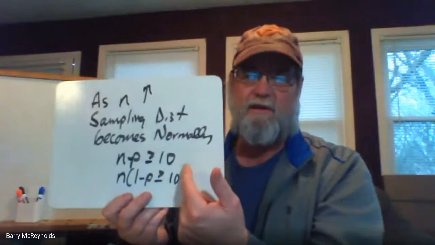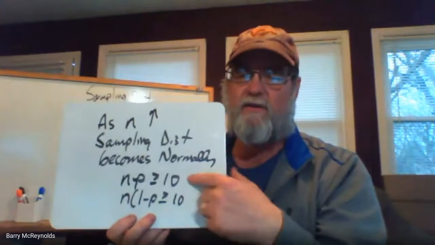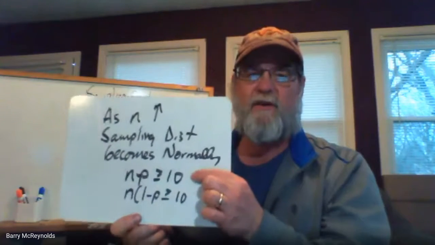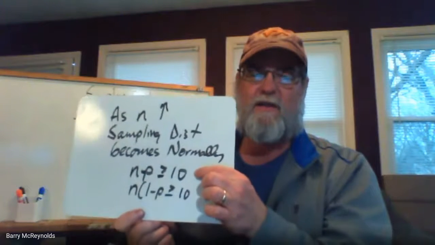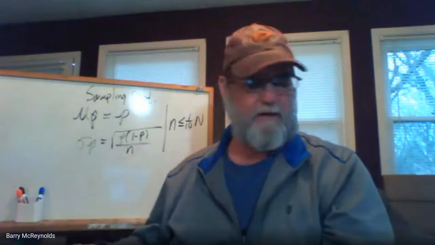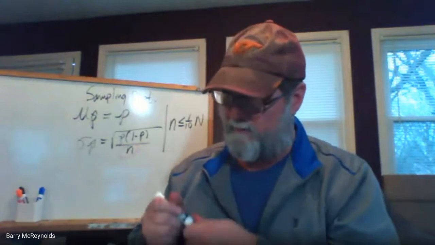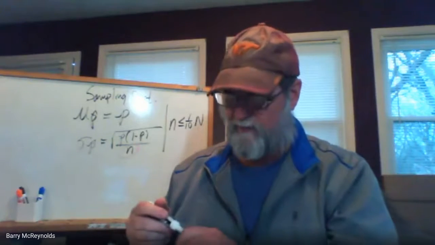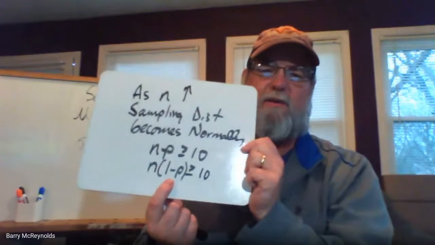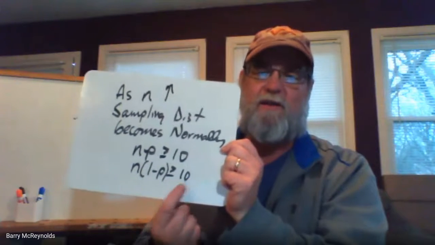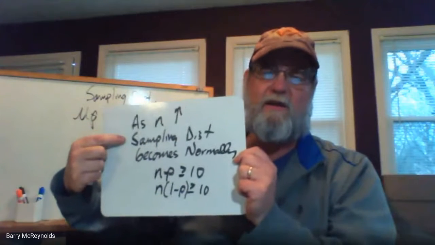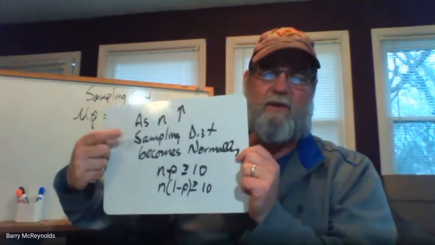If the number of successes, n times p, is greater than 10, and the number of failures, which is the sample size times 1 minus p, is also greater than 10, then the shape of our sampling distribution is going to be normally distributed.